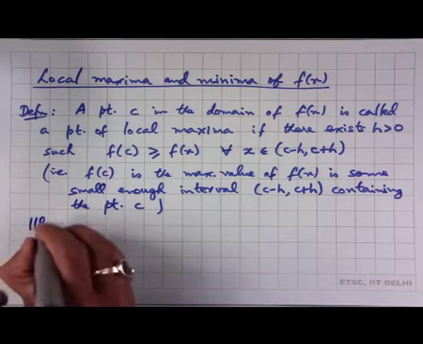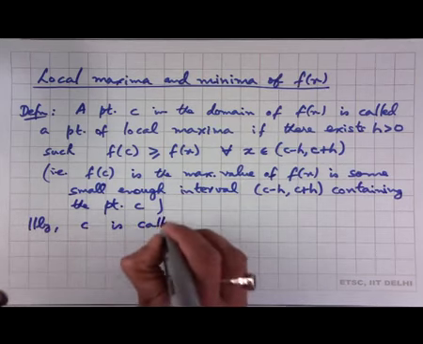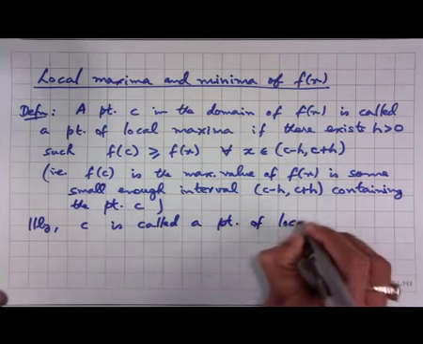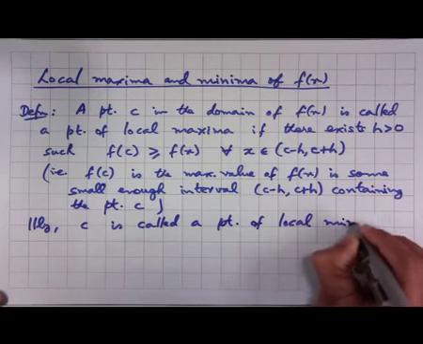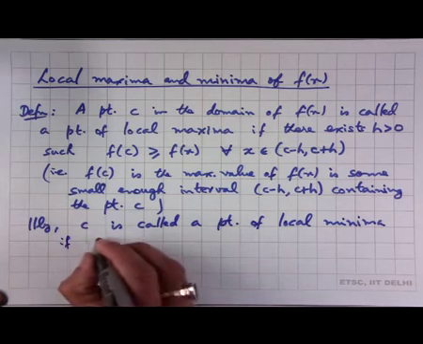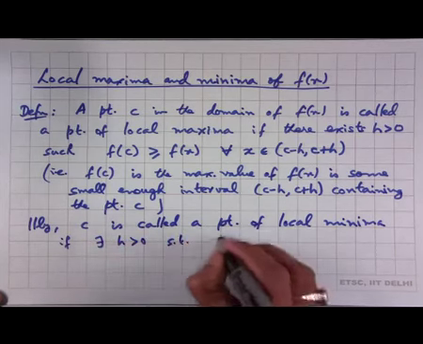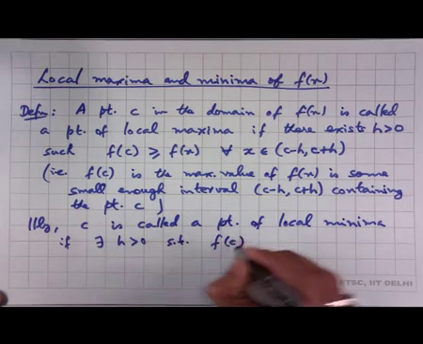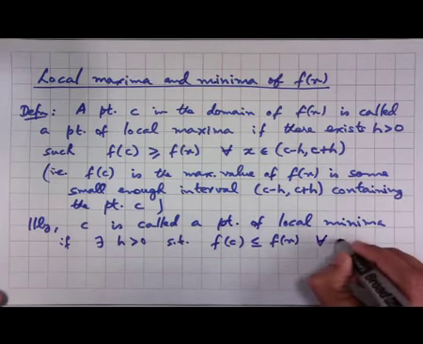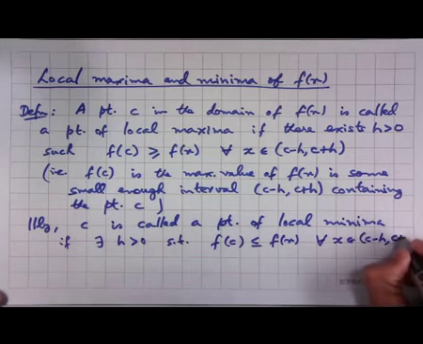Similarly, c is called a point of local minima if there exists h positive such that f of c is the minimum value of f of x in the interval c minus h to c plus h.